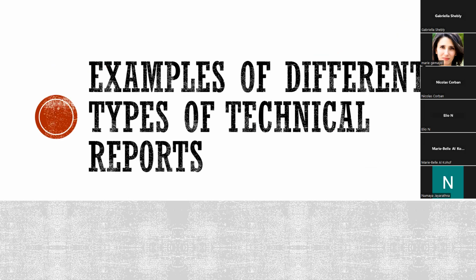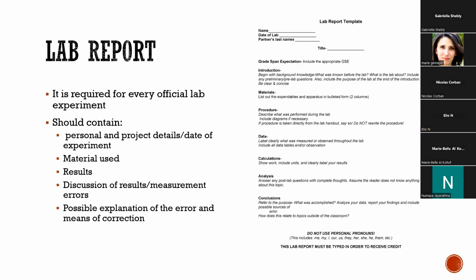So to take some examples, let's take the lab report. I expect that most of you have already done lab reports. So let's see. It is required basically for every official lab experiment. It should contain personal project details, the date of the experiment, the general details.